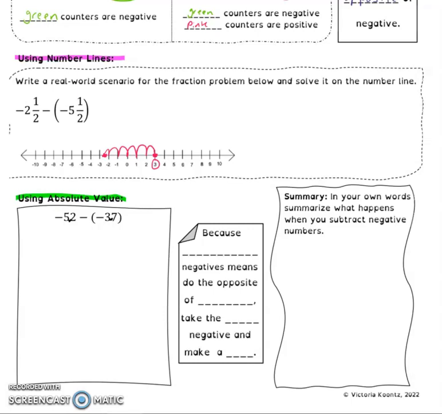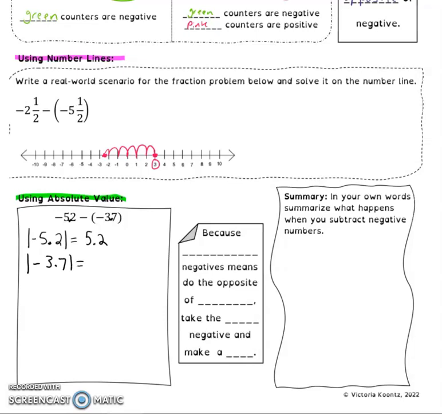So we have absolute value of -5.2. Okay? And that's going to equal just plain old 5.2. And then we have absolute value of negative 3.7.